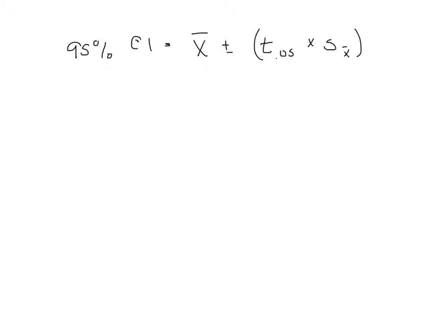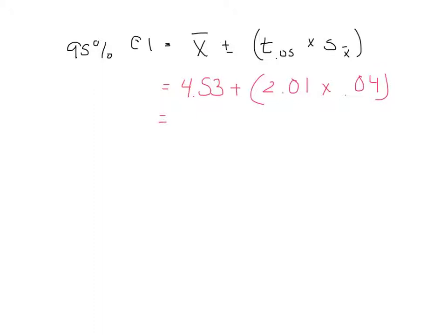In order to do that, we need our mean, which was 4.53, and we're going to subtract or add the table T value for a 5% chance, or an alpha level of 0.05. So I looked that up in my T table, and that is a 2.01. We're going to multiply it by that standard error we calculated, which was 0.04.